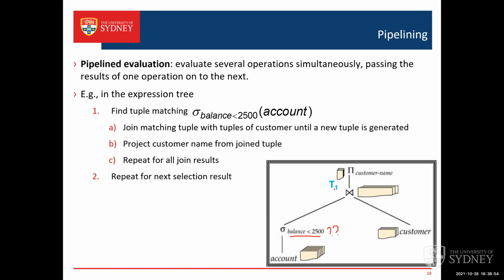So we can simply have a table where I have only one row, I perform a join with customer, and whatever result I get, I push it forward. Okay, so that's what we can do. Rather than saving, whenever I get a result, I'll push it forward. So let's say I have another tuple T2. Again, I'll simply push it, and then we will go to the top.